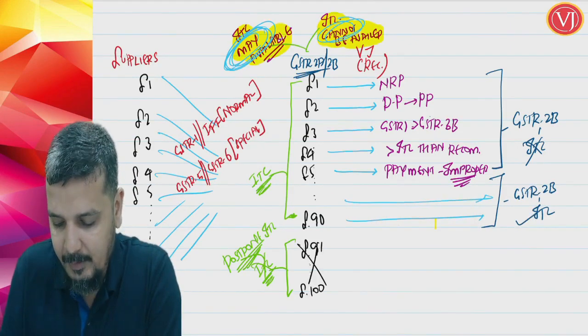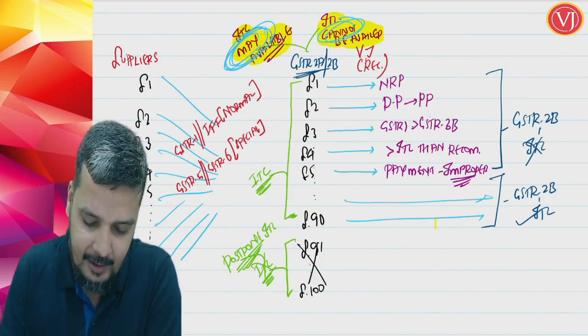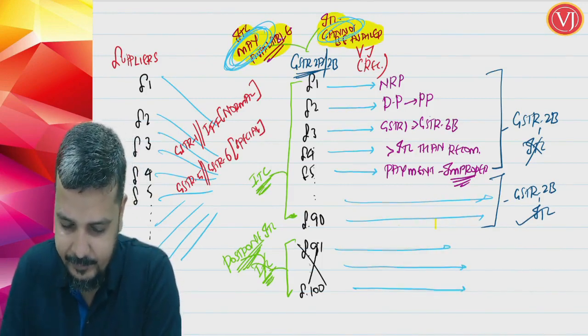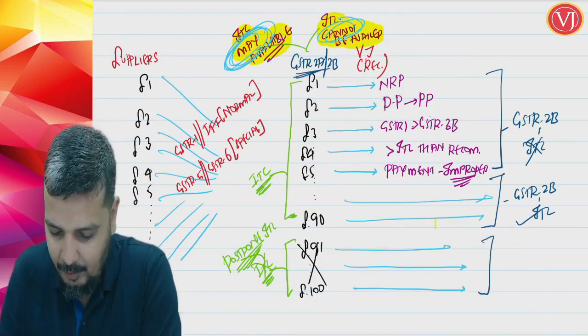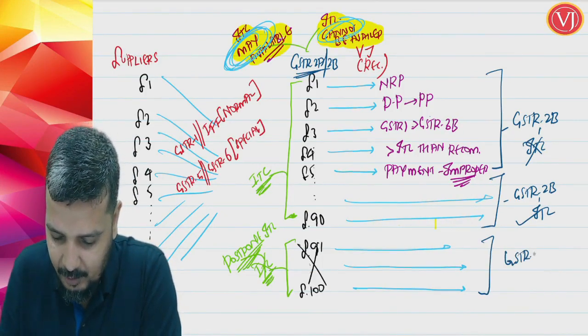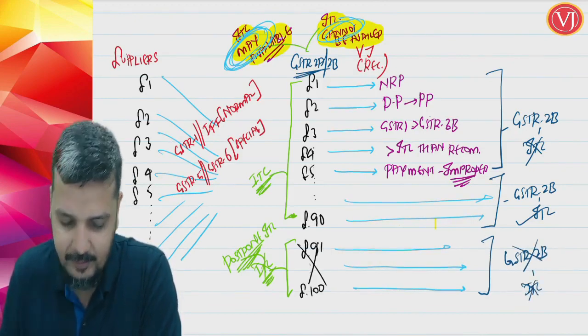ITC may be taken, but I need to check further whether there is some ineligible portion or not. And the last 10 suppliers, which I have not got in my GSTR 2B itself, I cannot take the credit.